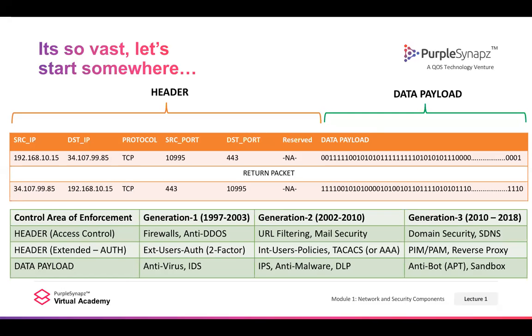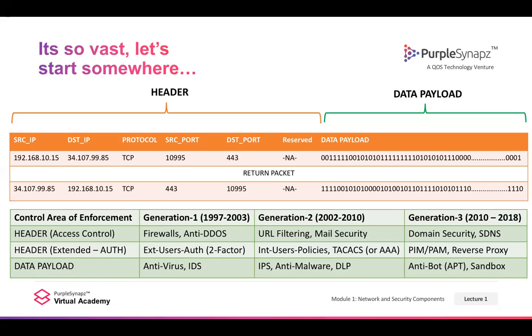Classification wise, I have brought it into generation 1, 2, and 3, broadly up to 2018. And on the rows side, we are going to see three different rows. So far, we have understood header and payload only, but I have further categorized header into a subcategory: extended authentication.